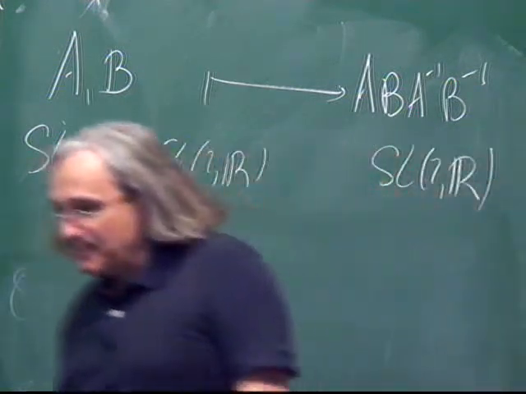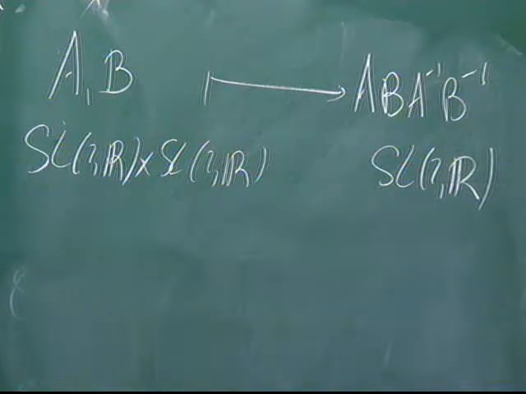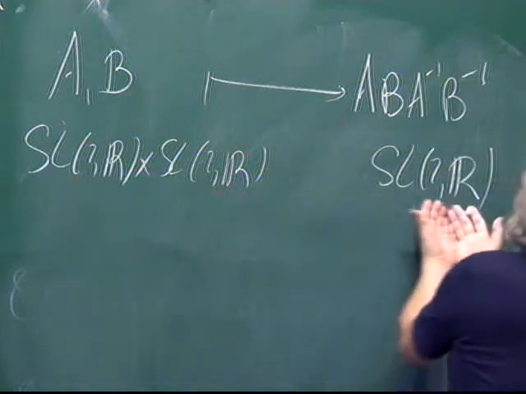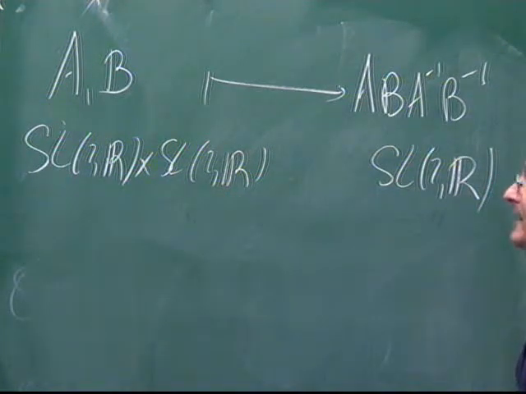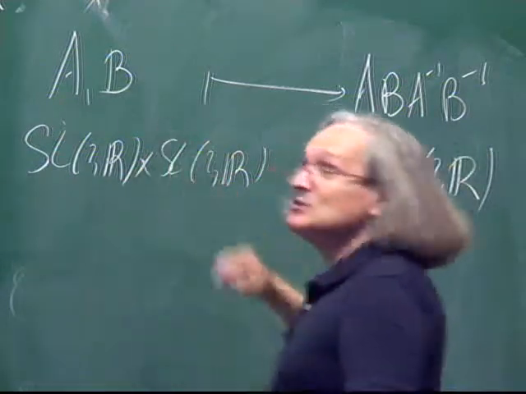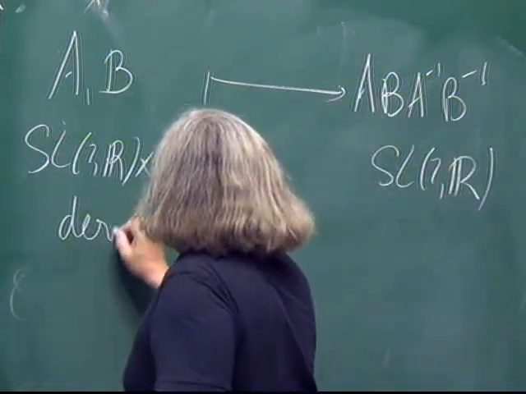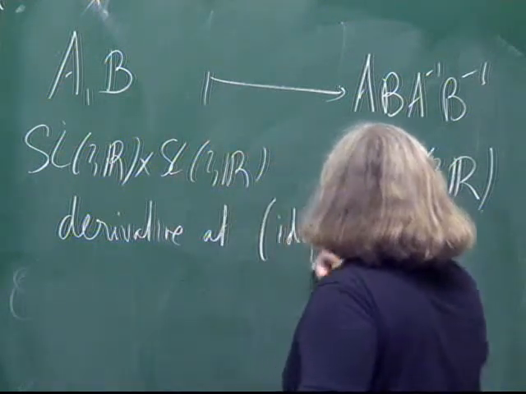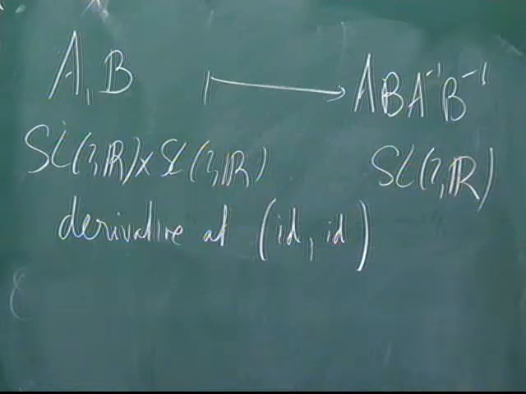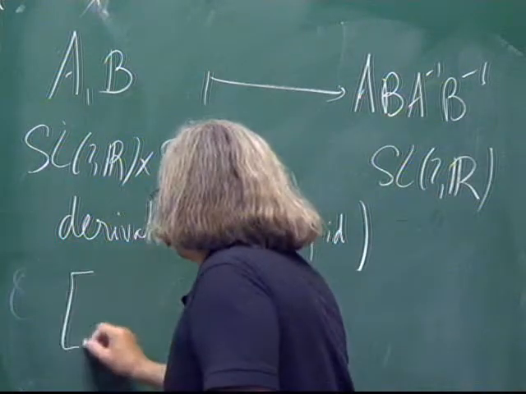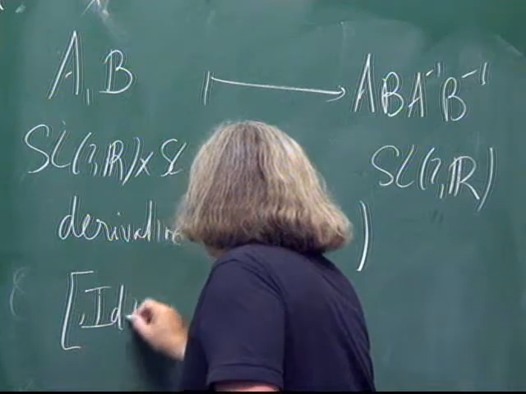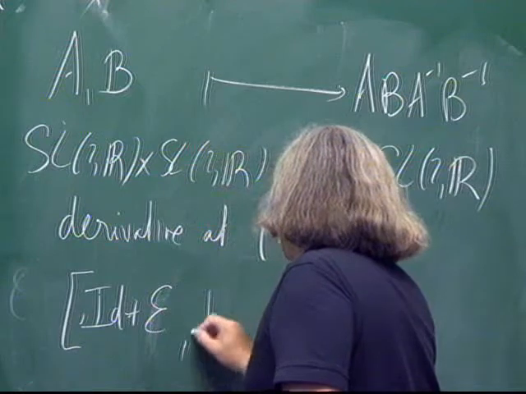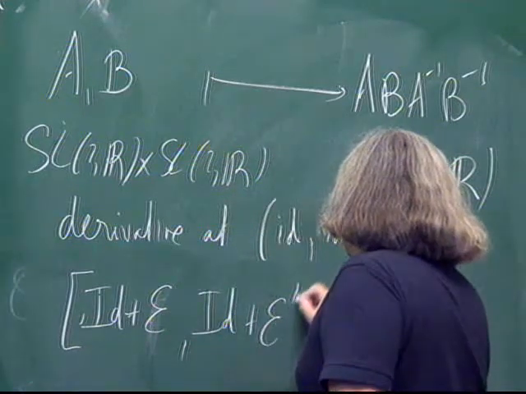And if you look at this map as a smooth map from this three-dimensional Lie group cross itself to itself, and if you take the derivative at the identity, well, you compute the commutator of identity plus a small matrix, and identity plus some other small matrix.